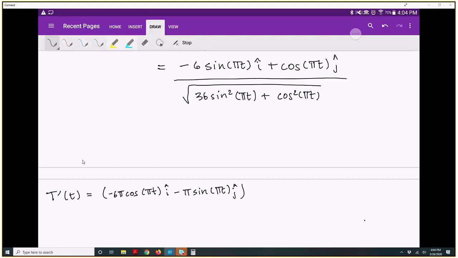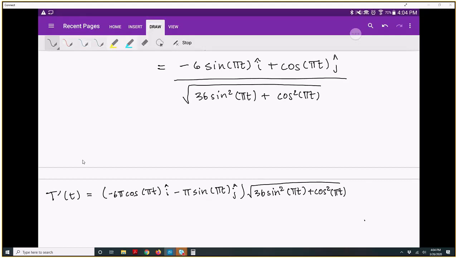And that, of course, gets multiplied by the bottom. So multiplied by the square root of 36 sine squared of pi t plus cosine squared of pi t.